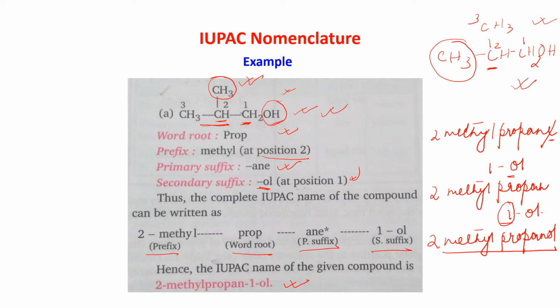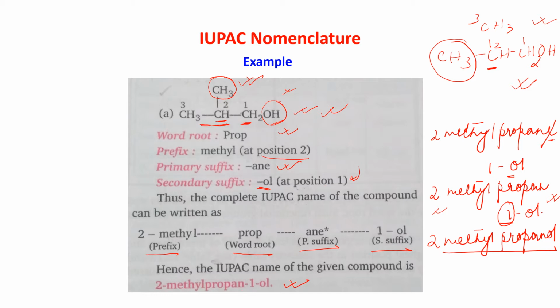But if the ol is in second position or third position, you have to give the number. So my advice is to write 1-ol, that is the better option. If you want to write 2-methylpropanol, no problem for this compound. If you want to write 2-methylpropan-1-ol, that is also correct, and I prefer this one. Then you will not make a mistake.